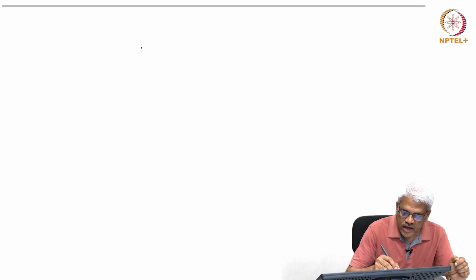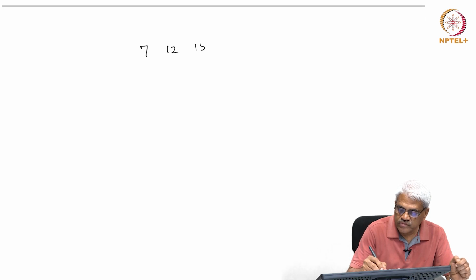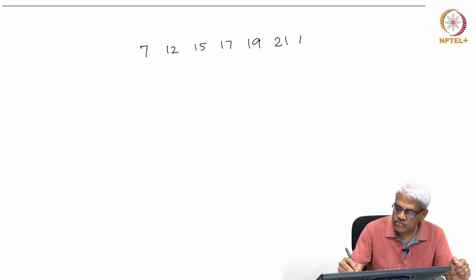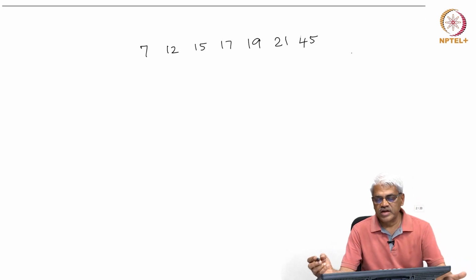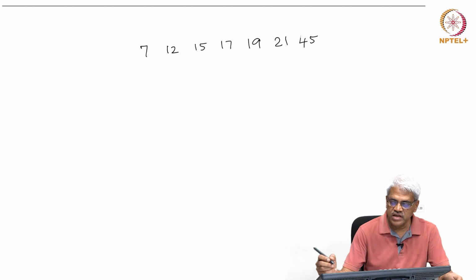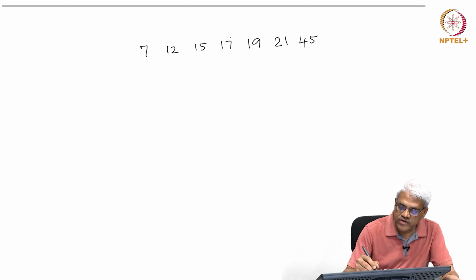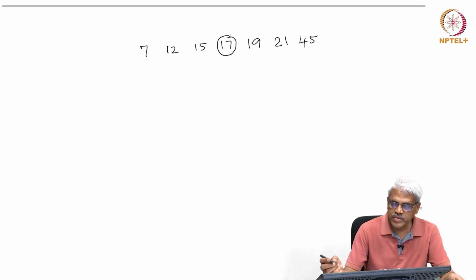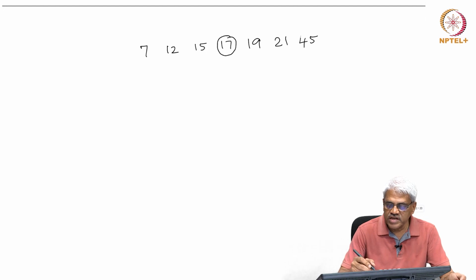Okay, so recall again, if I am given a sorted array like this, and I want to search for an element, let us say I want to search for 16, the first thing we will do is compare it with 17, that is the middle element, and 16 is smaller.